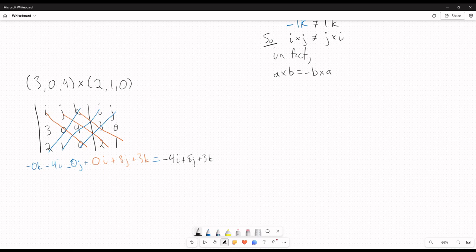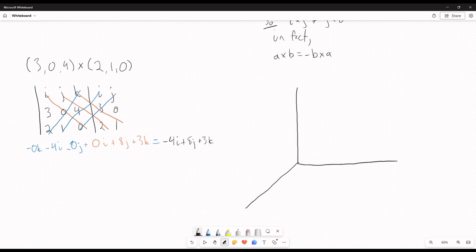So what we would like to do is see, do we still get this pattern where both of these vectors are orthogonal? So this might take a little bit, but let's go ahead and see what we can do. So we'll have our nice coordinate axes, x, y, z. I'm going to need to be a little careful how I draw these. First, we'll have the vector 3, 0, 4.